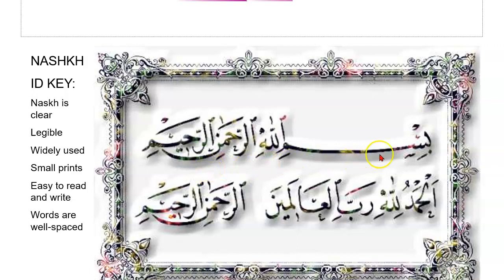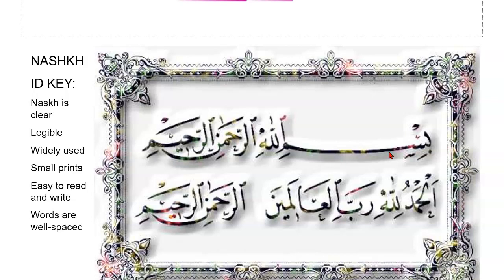If you look at it, Kufic is a very bold script. It takes a lot to write that script, and it takes a lot of surface in terms of pages and surface of writing. Sulus is very demanding in terms of how refined it is, and so it takes a lot of time writing the same ayah or verse.